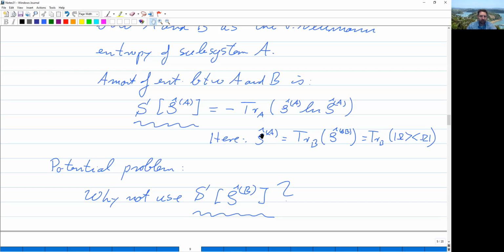So you have to diagonalize the density matrix, then take the logarithm, then multiply with the density matrix, and then take the trace of that. Doable, but somewhat tedious, especially if rho is in an infinite dimensional Hilbert space, because then diagonalization can be a hard problem.